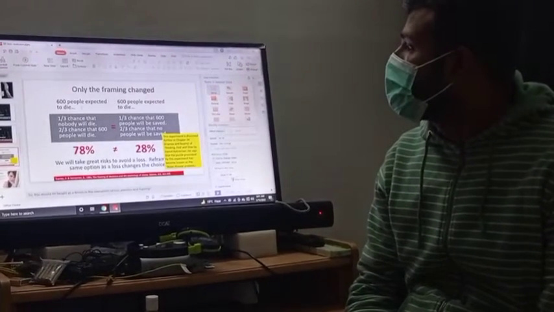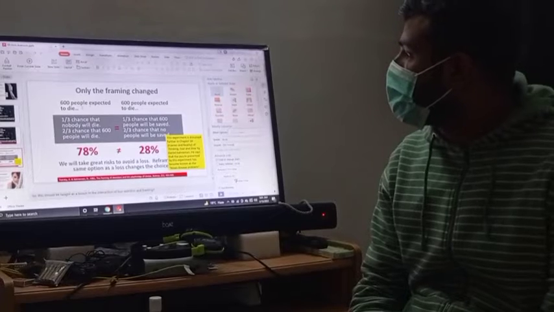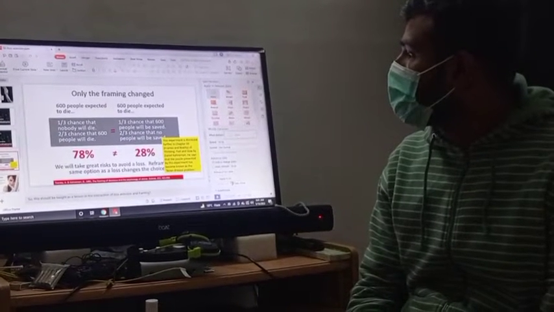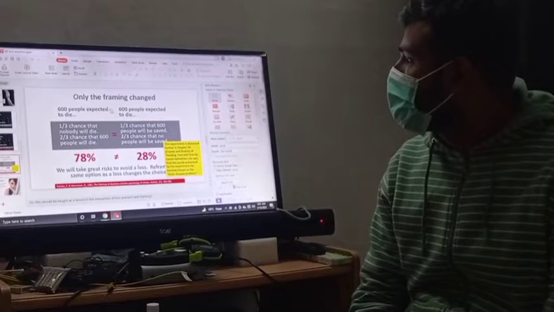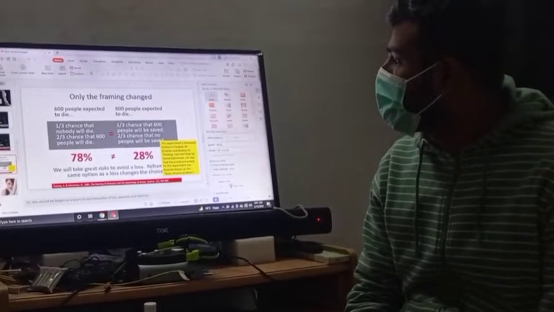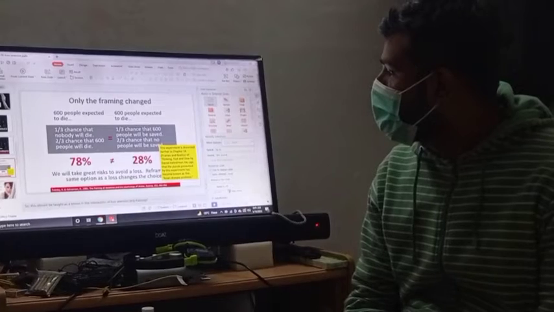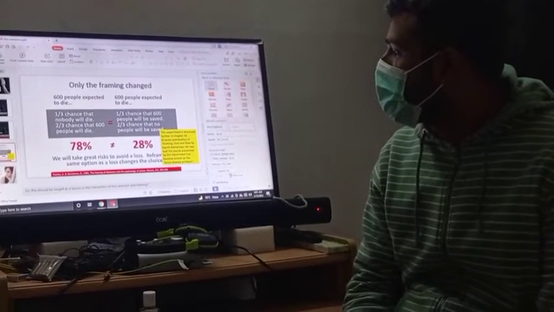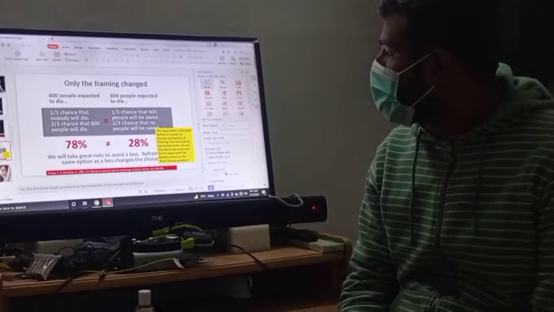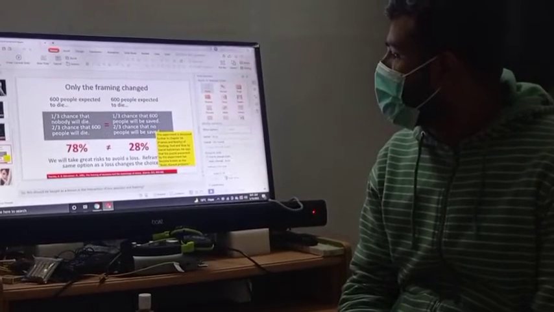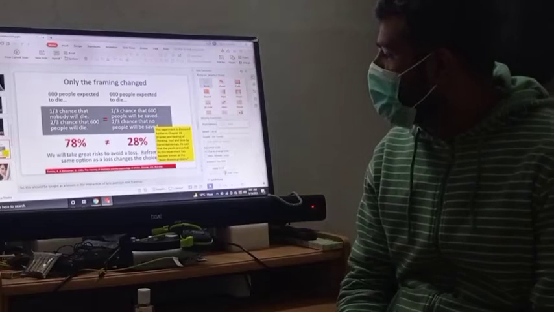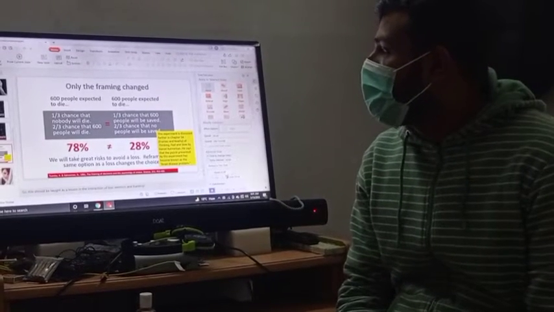Only the framing changed. 600 people expected to die, 1/3 chance that no one will die, 2/3 chance that 600 people will die. 600 people expected to die, 1/3 chance 600 people will be saved, 2/3 chance that no people will be saved. This might look equal, but if we look at the statistics, then 78% would be the death rate here and 28% would be the death rate here, and they are obviously unequal.